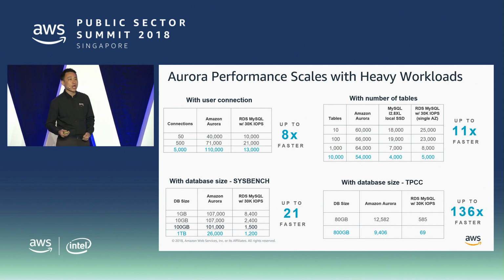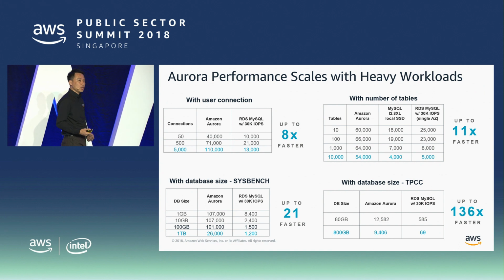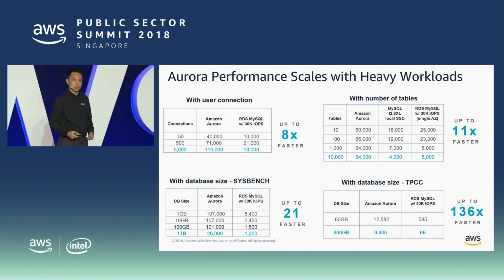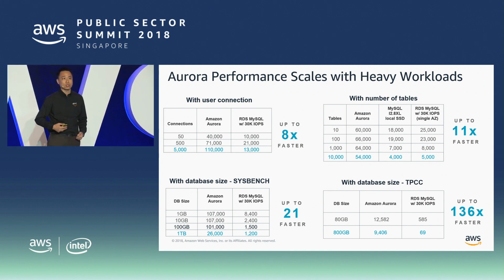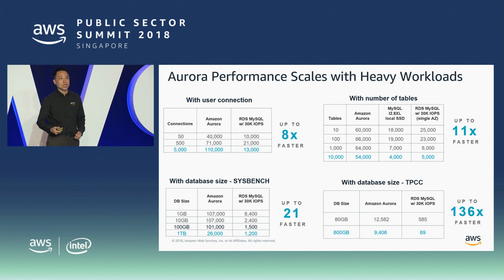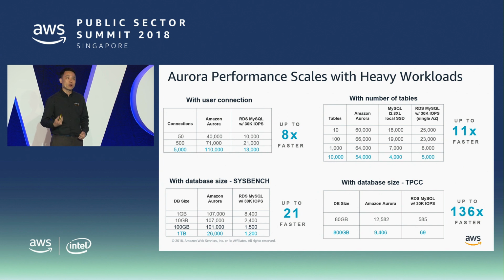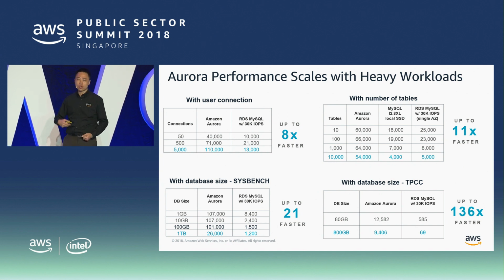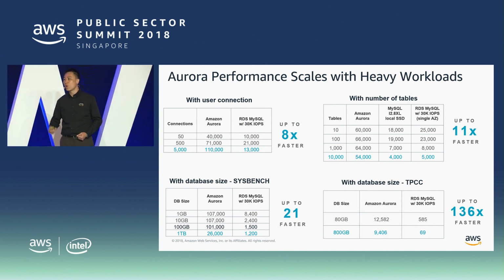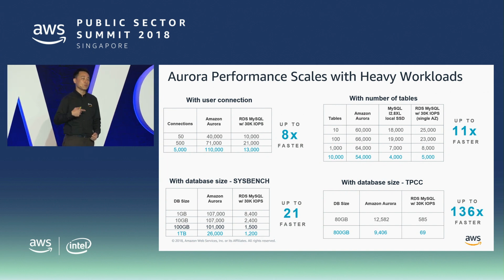If you are a DBA, you will know that the scalability of the database is sometimes so hard to do. Maybe you are talking about the scalability with the total number of user connections. Or you are talking about the scalability with the total number of tables within one single database. Or you are talking about the database size for one single database.